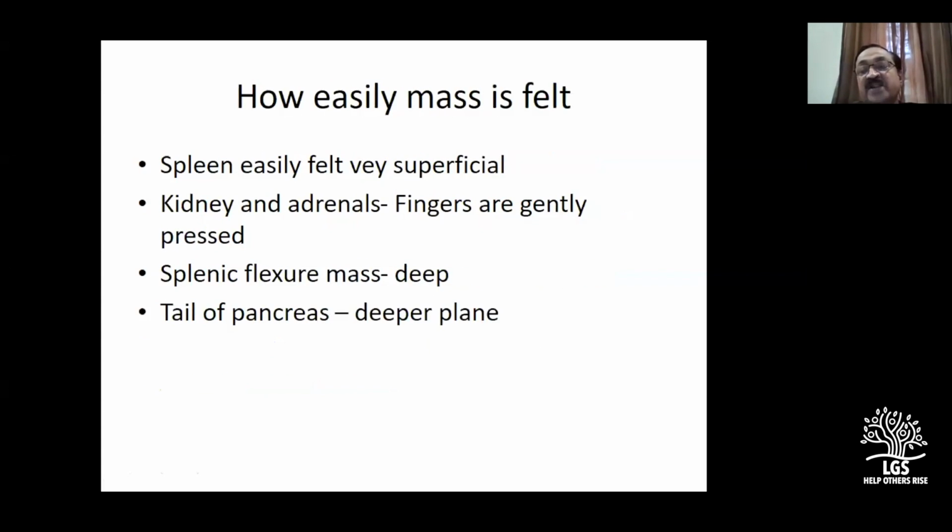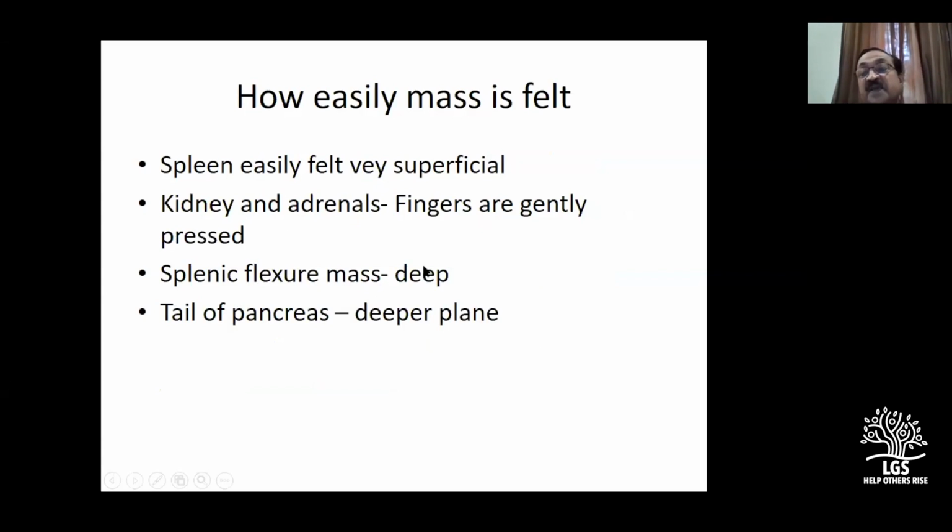As soon as you put a hand, you get the mass. Then one thing I can assure you, these two are unlikely. As soon as you put a hand, you got the mass, so that is spleen, or maybe a retroperitoneal mass which has become very large. With a gentle palpation, I got it. Or is it a kidney?